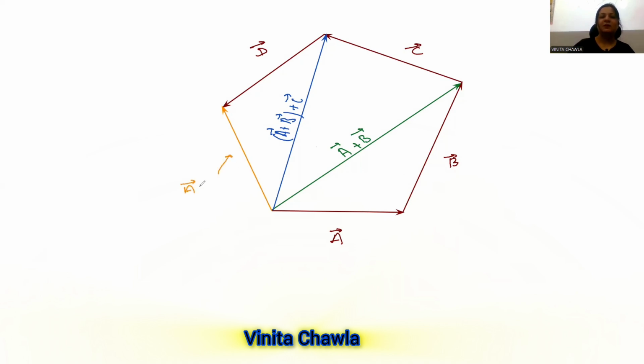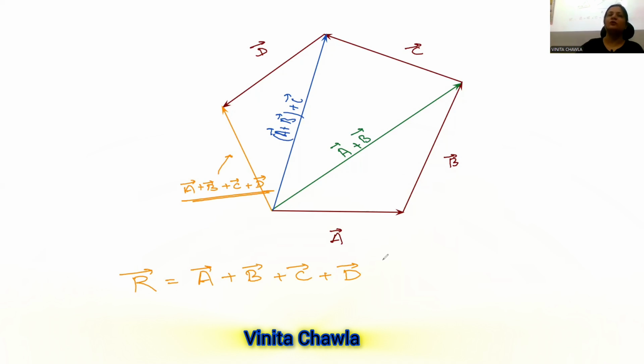This is A plus B plus C plus D. Okay, so we can write the resultant vector for four vectors as vector A plus vector B plus vector C plus vector D. Similarly, if we have n number of vectors, then we can write the resultant of all those vectors in this form.